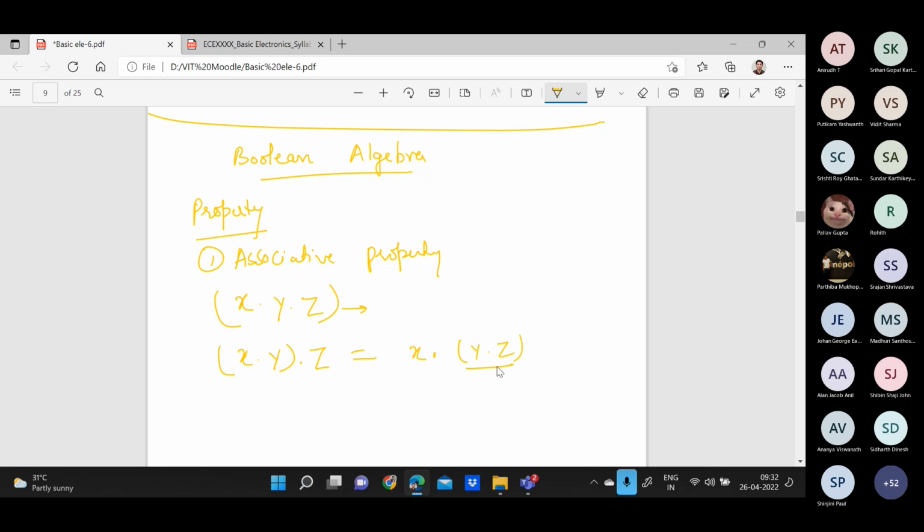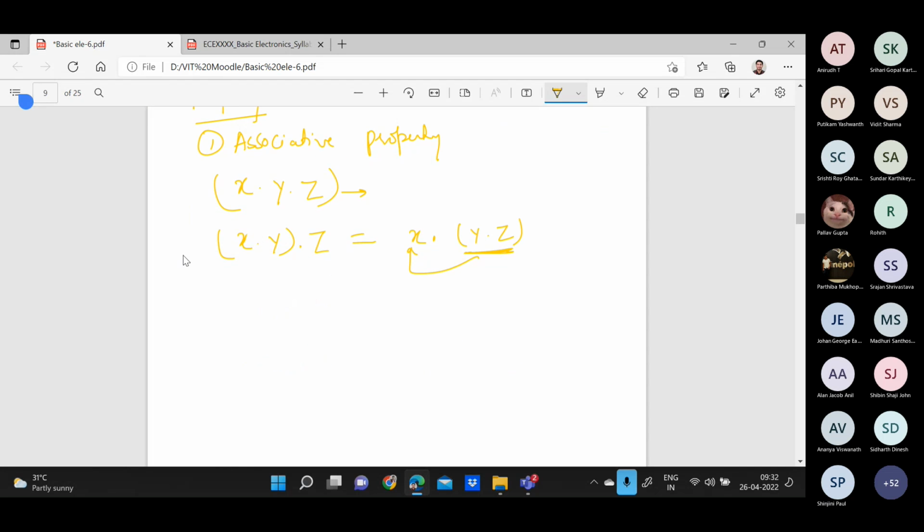That means you first take the AND operation between Y and Z and later you do the AND operation with X. Both will be the same. Okay, that means it follows the associative property.